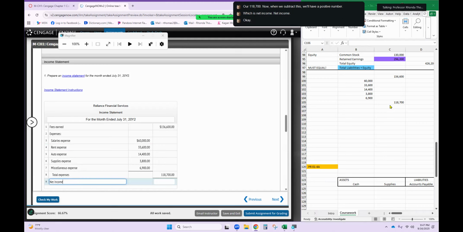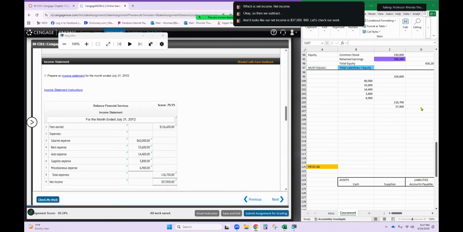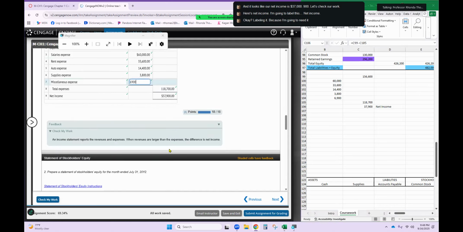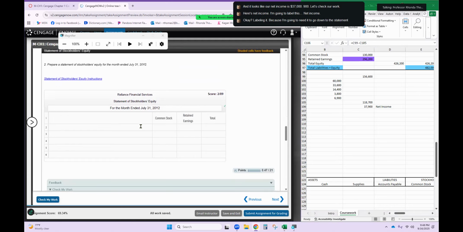Okay, so then we subtract. And it looks like our net income is 37,900. Let's check our work. Here's net income. I'm going to label this net income, because I'm going to need it to go down to the statement of stockholders' equity.